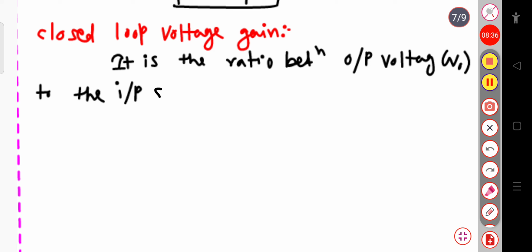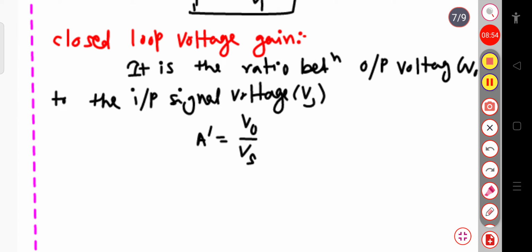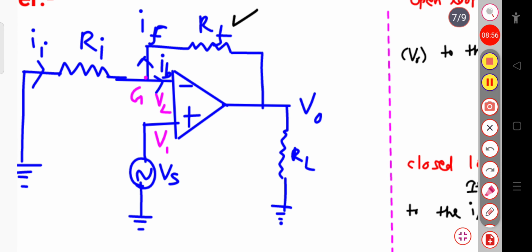Here the input signal voltage is considered to be Vs. So we can write A prime, for the closed loop voltage gain, equal to VO divided by Vs. Now we have to apply Kirchhoff's current law at the point Z.